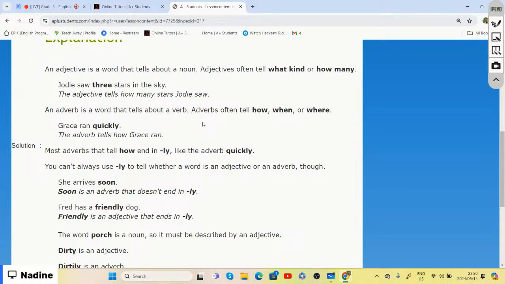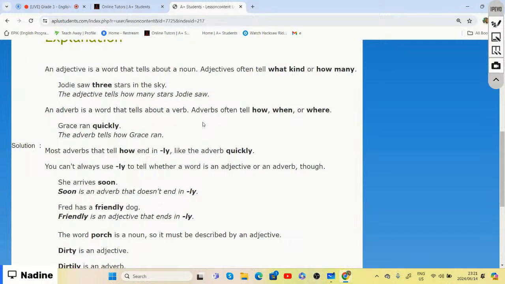And most of our adverbs that tell us how often end in ly, like quickly, hurriedly, sadly.